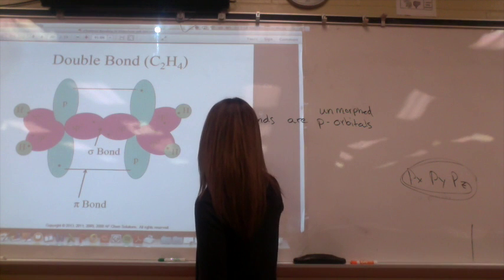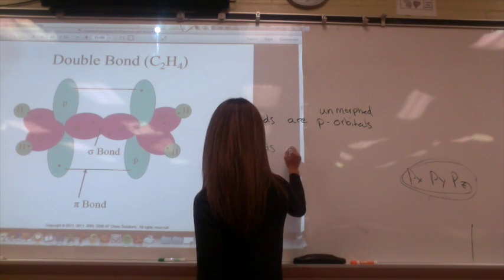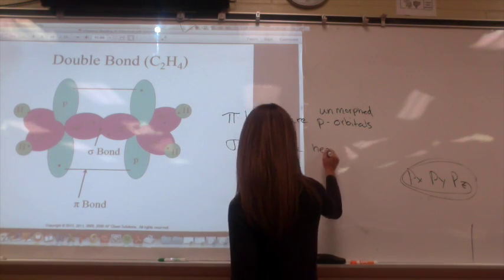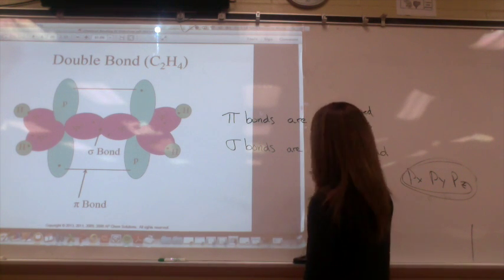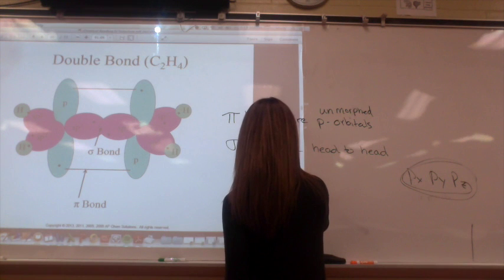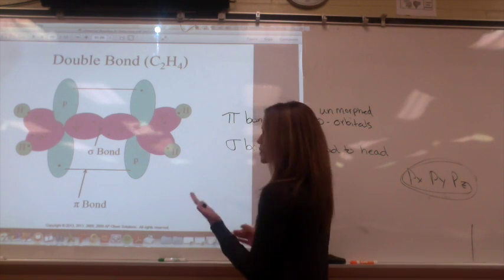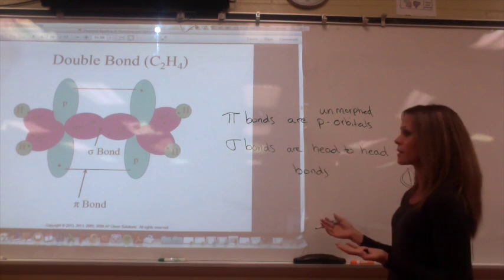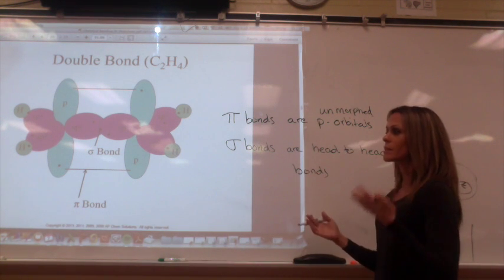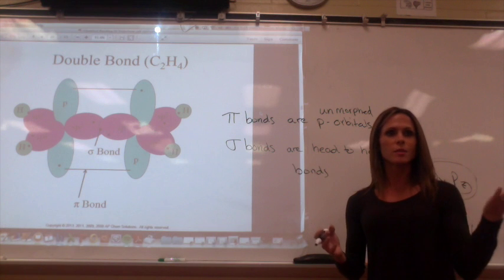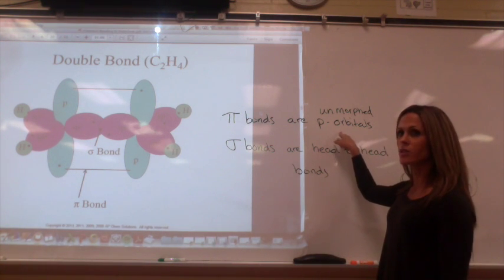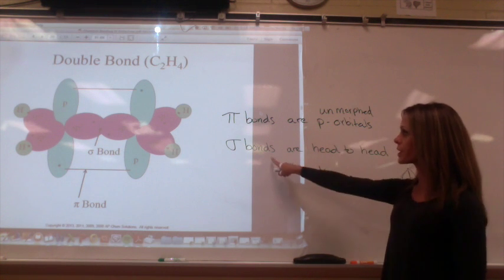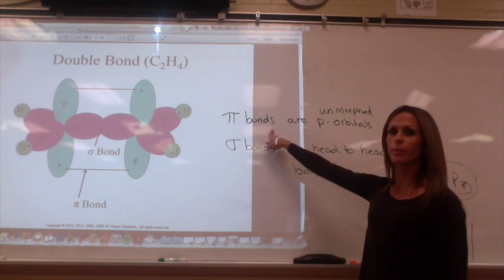Sigma bonds are head-to-head bonds. I can't write specifically what they are. They're morphed bonds, sometimes sp2, sp3, sp3d, they could be anything. But your double bond is always going to be one part sigma and the other part pi.